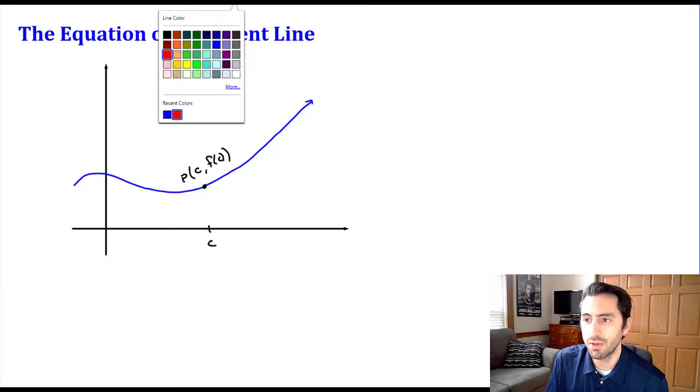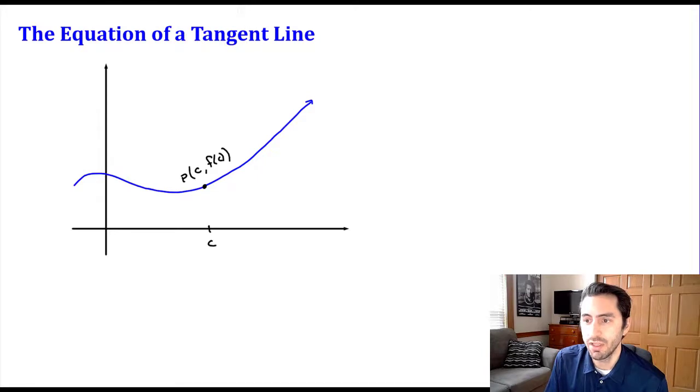So if I were to graph the tangent line, it would look something like this. So it's going to bump up right next to our graph, but it's only going to intersect at that point P.